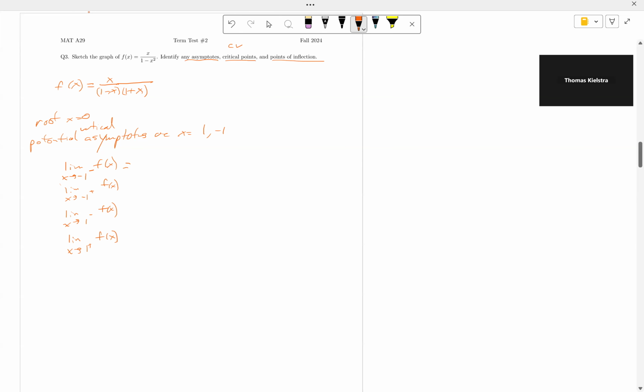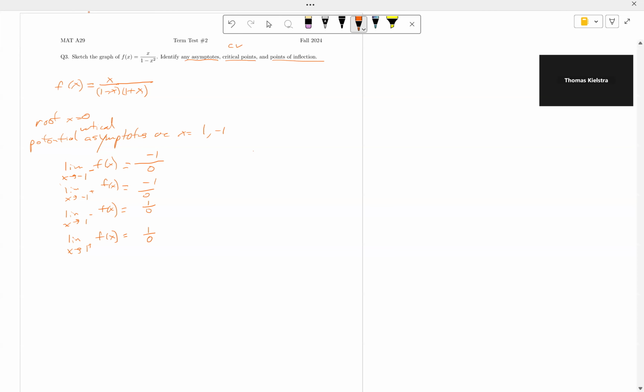For each of these, if we plug the number in, we're going to get minus 1 over 0, minus 1 over 0, 1 over 0, and 1 over 0. So the question is whether these are going to be plus or minus infinity.